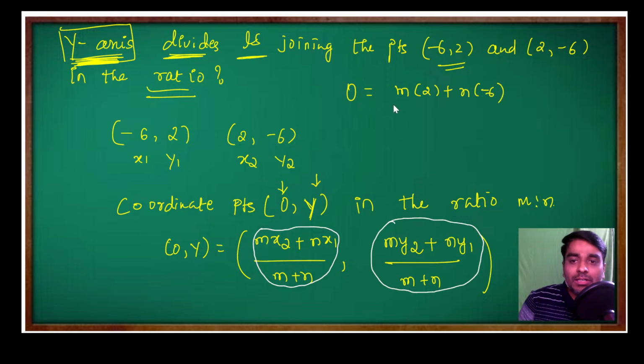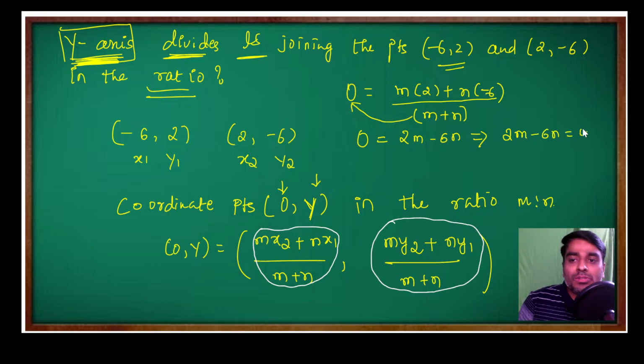Be careful, take time, but do it properly. Correct. Now here we will have 2m minus 6n, and this m plus n comes here and gets multiplied, becoming 0 completely. So from here I have 2m minus 6n equal to 0. This I got.